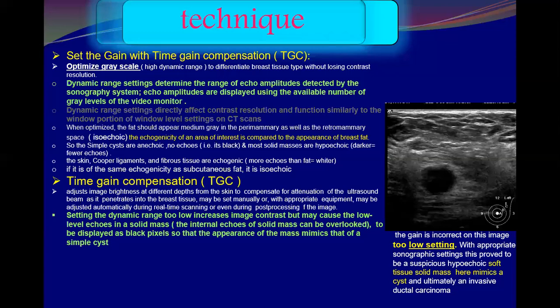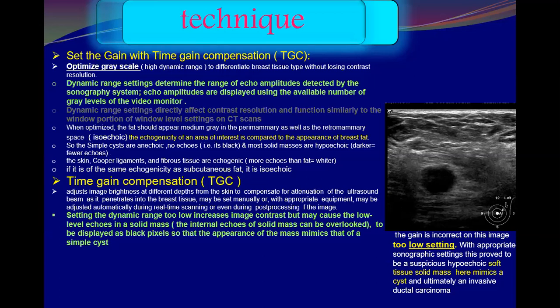Regarding the time gain compensation or the setting of the gain, to optimize the gray scale we have to put it at a level where the fat is at mid-gray, both in the pre-mammary and retromammary regions.